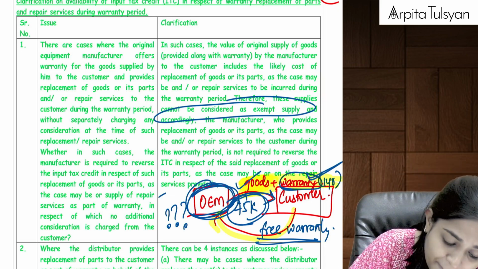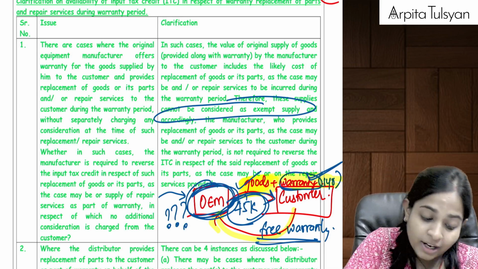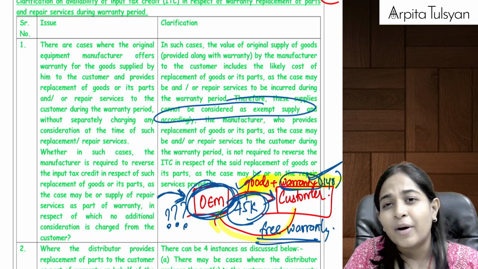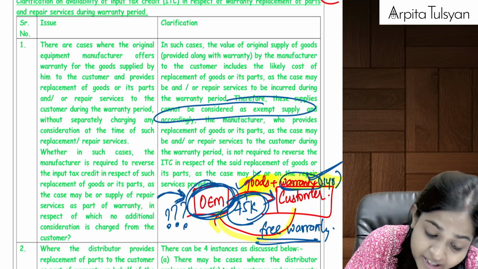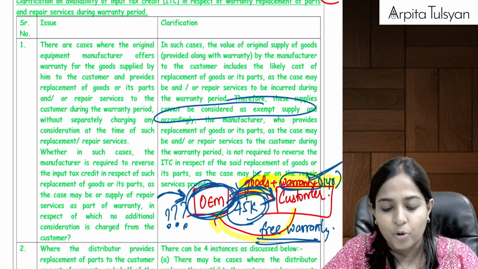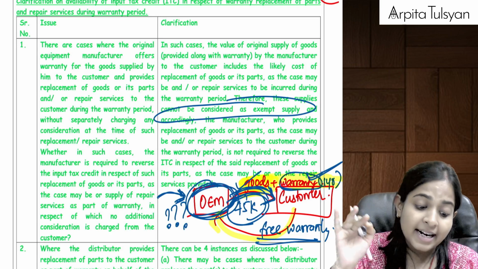So whatever purchases the OEM has done, or whatever inputs or whatever ITC the OEM has paid, that is not required to be reversed. Why? Because the supply which is further done by the OEM to the customer is not an exempt supply, it is a taxable supply.